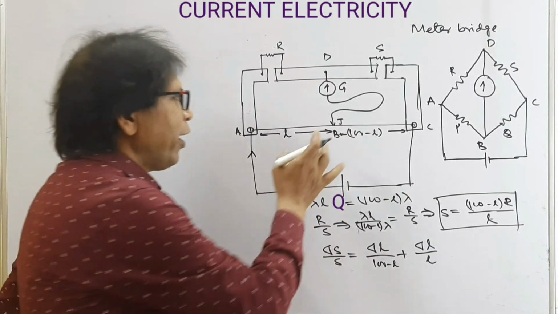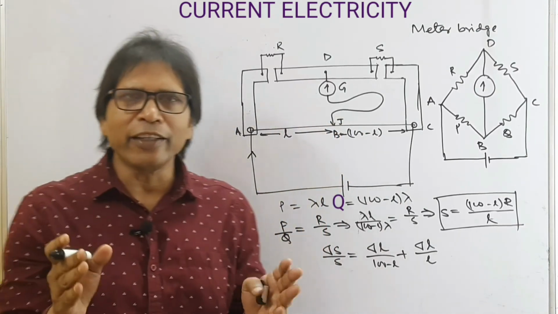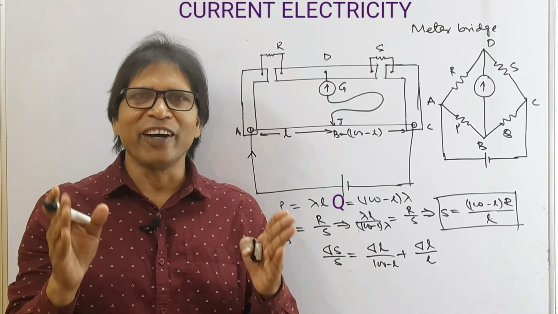That is why the null point is obtained near the midpoint of a meter bridge wire.